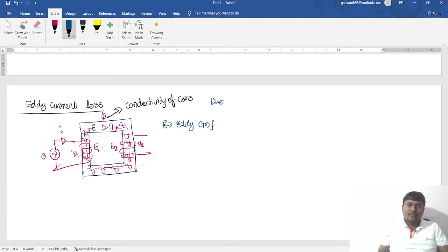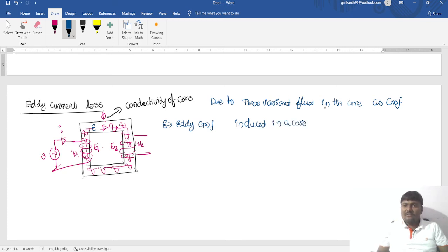So due to time variant flux linking with the core, an EMF is induced in the core.